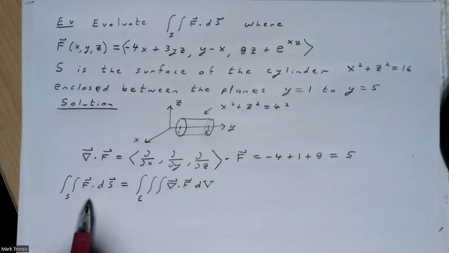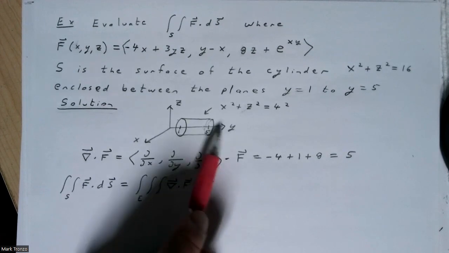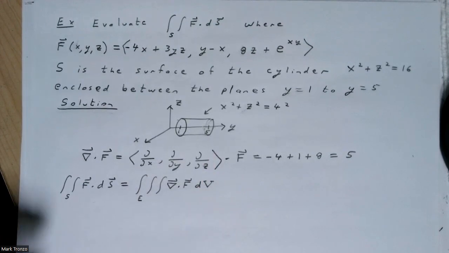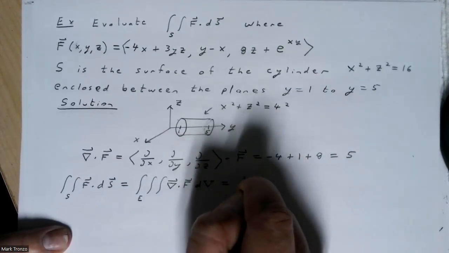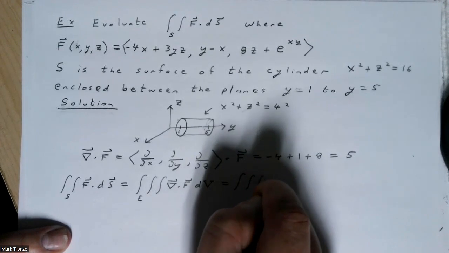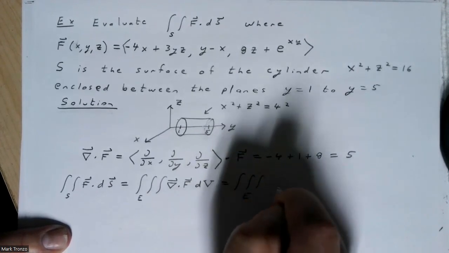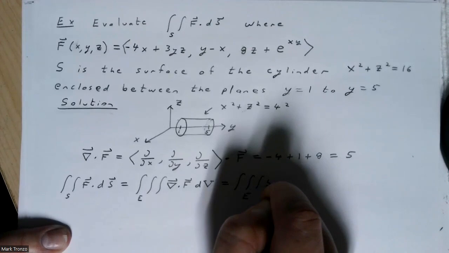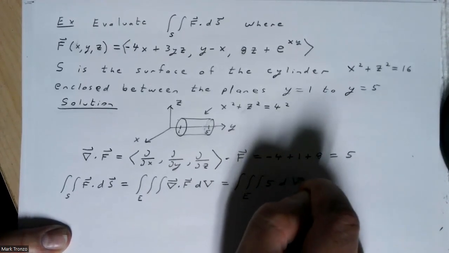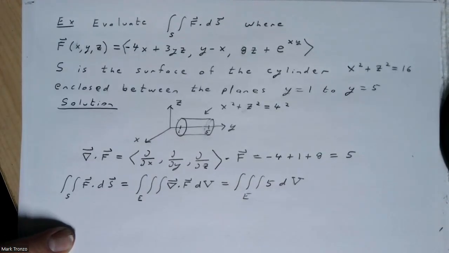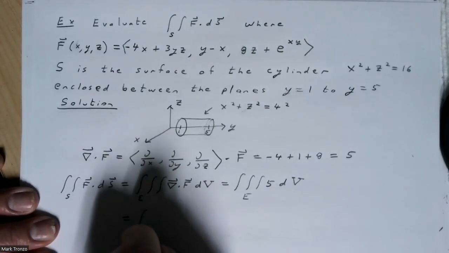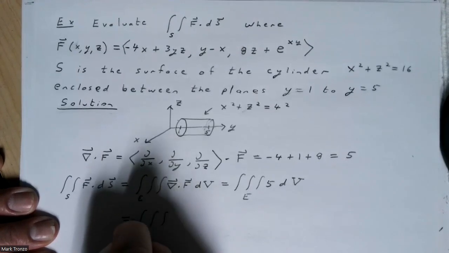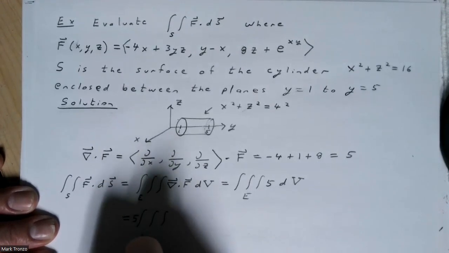We're asked to do this integral, but we're going to do the triple integral of the volume inside this surface S. And we did this over here. Like this. And now let's factor out the 5. We'll have a 5 out front here.